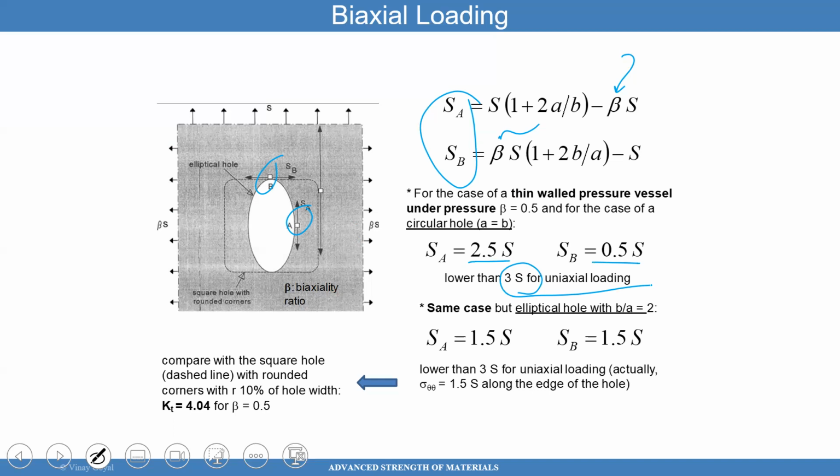The uniaxial loading condition is 3S. And for an elliptical hole, a B over A of 2, you actually get a lower stress. This is if you have a circular hole. If you have an elliptical hole, you actually get an even lower stress concentration than if you had a circular hole, which explains why we use elliptical holes in an airplane. It actually is helpful in the design.